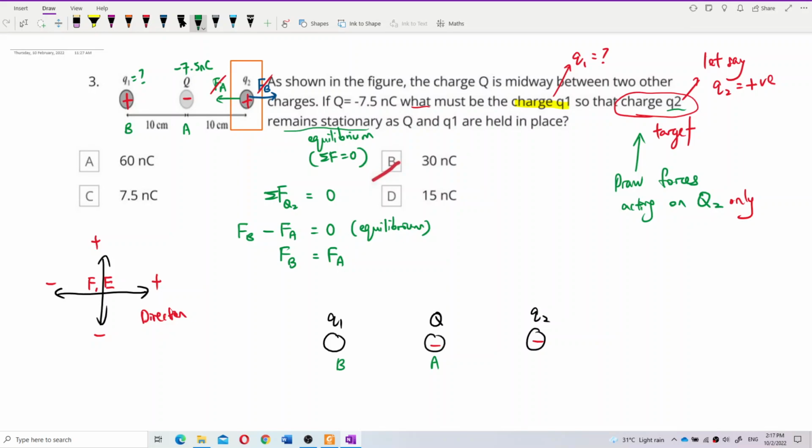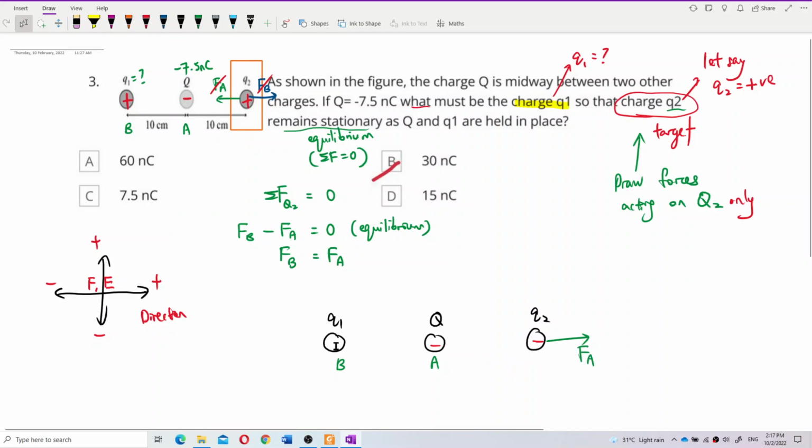If Q2 is a negative charge, what will happen? FA: negative and negative repel, isn't it? So FA is to the right. And how about Q1?